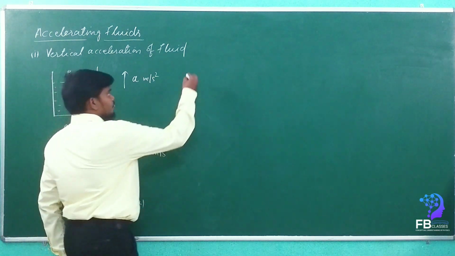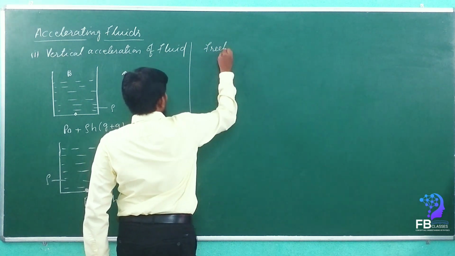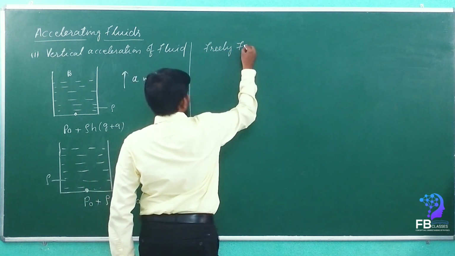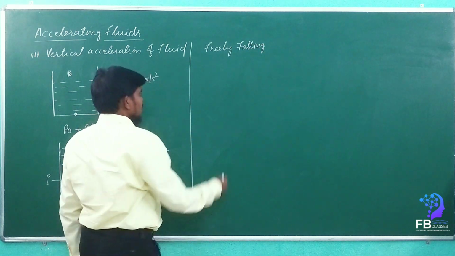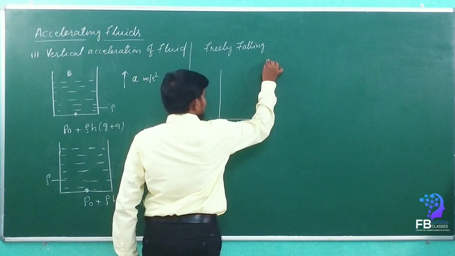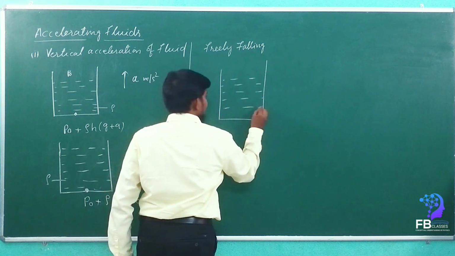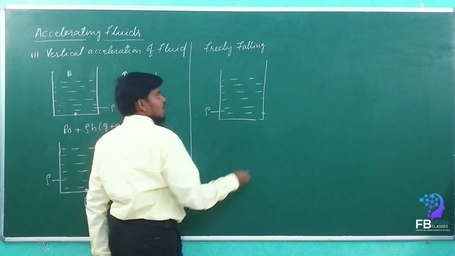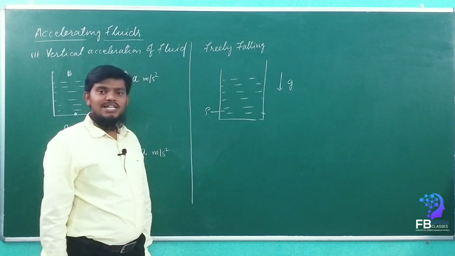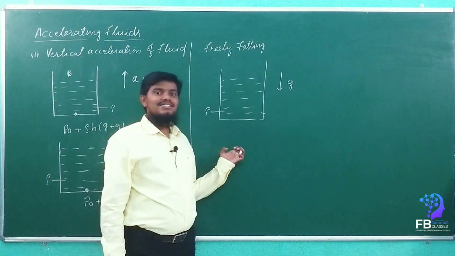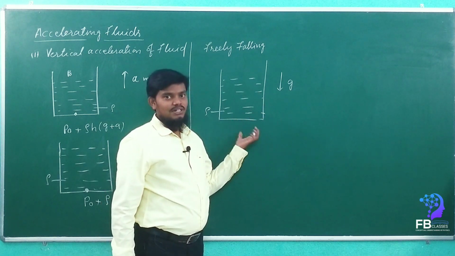For example, free fall. If the container is in free fall, what will happen? The container has liquid of density rho and it is freely falling, that means it is moving downwards with acceleration equal to the acceleration of gravity, g.